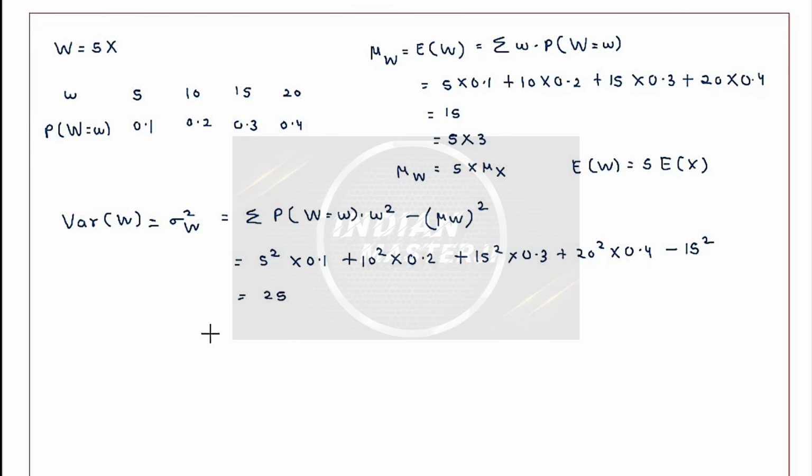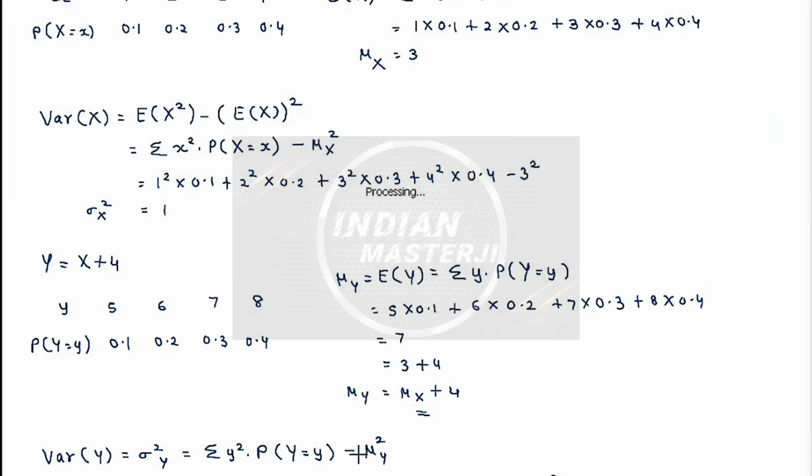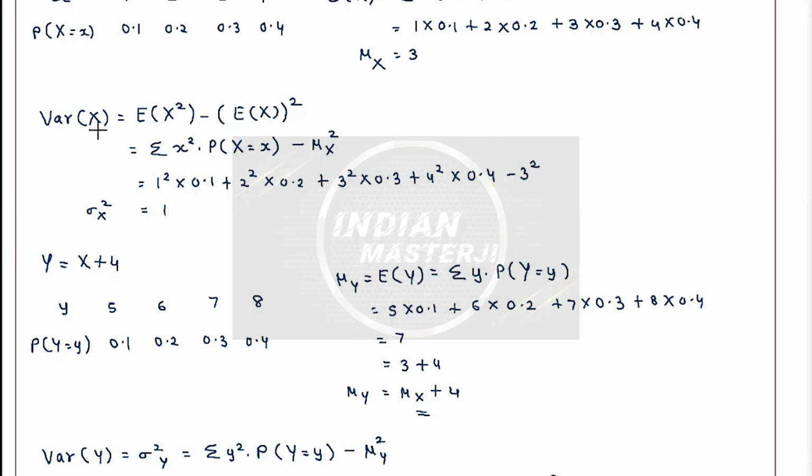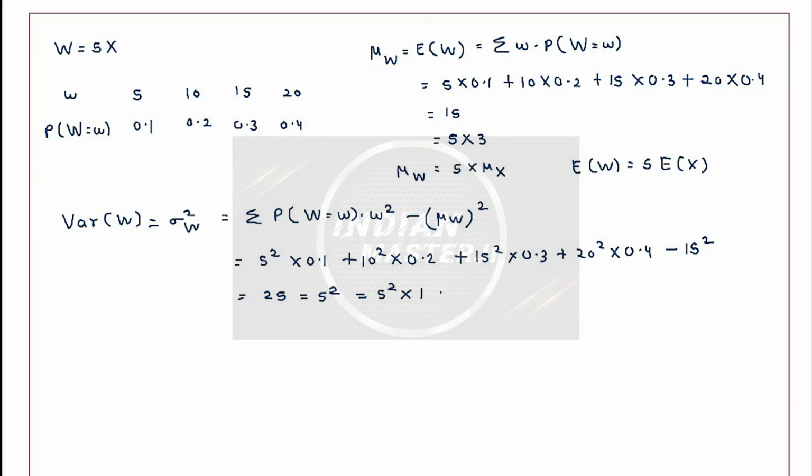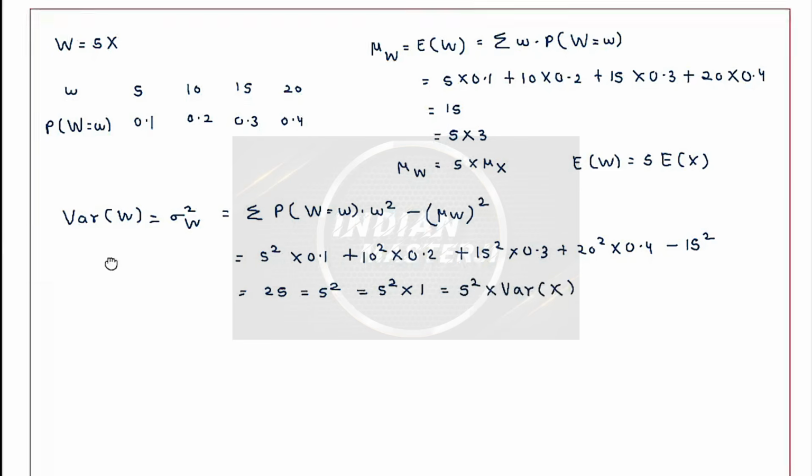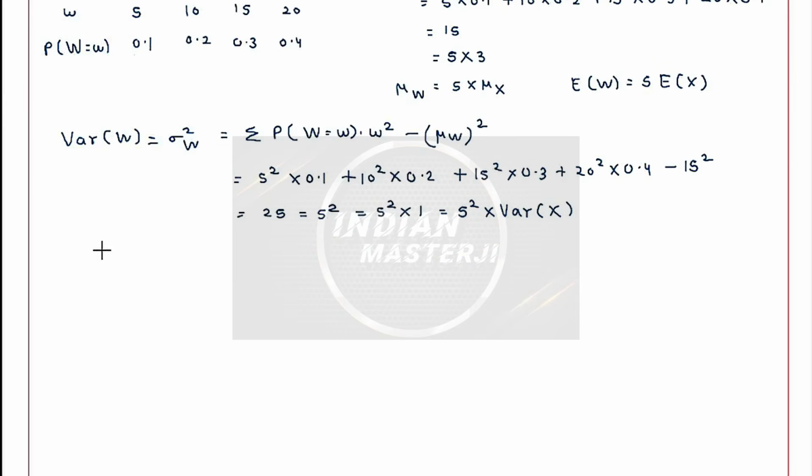25. This 25, can I write it as 5 square, or in turn as 5 square into 1? I can write it like this, correct? But what was 1? 1 was equal to the variance of x. So can I say this is equal to 5 square into variance of x? Correct? So that means here variance of W is equal to 5 square into variance of x.